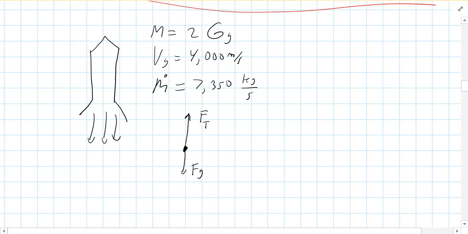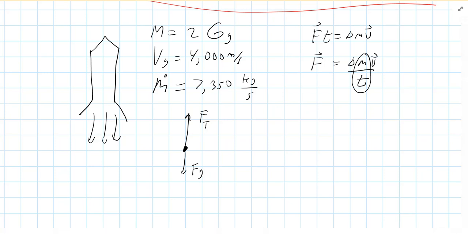Now, the force of gravity is easy. You're just going to do m times g. The force of thrust, that's where you're going to use your impulse-momentum relationship. So impulse, which is Ft, equals delta mv. And if I want force, I'll get that by itself. We got delta mv over t. Well, in this case, what's changing is the mass per time. The rocket's losing 7,350 kilograms each second.